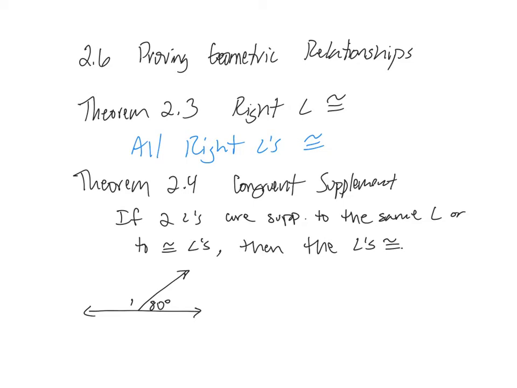And then over here I had a separate picture, and I knew that this one was 80 degrees. And I was told that those were supplementary, then I could say that angle 1 is congruent to angle 2, because they are supplementary to congruent angles.